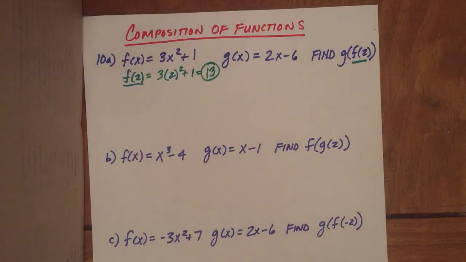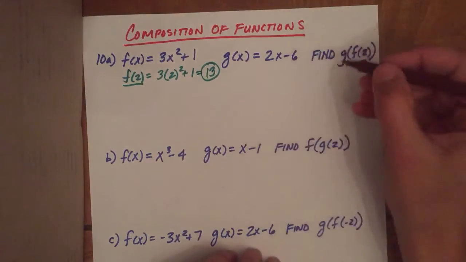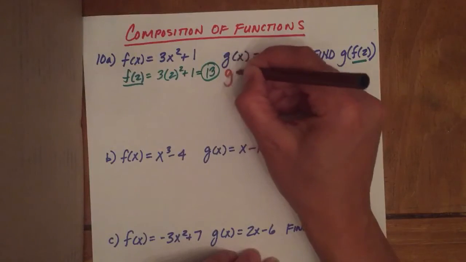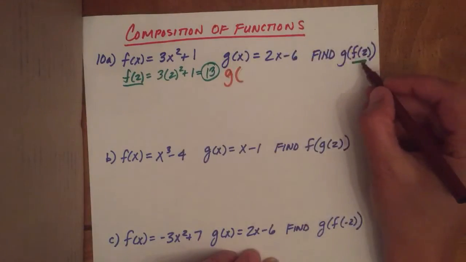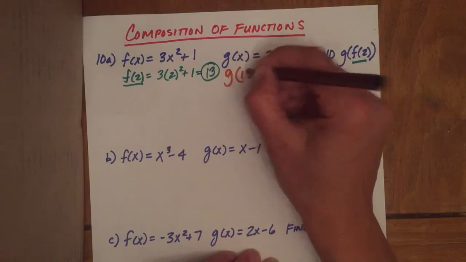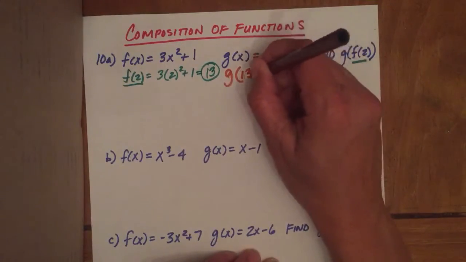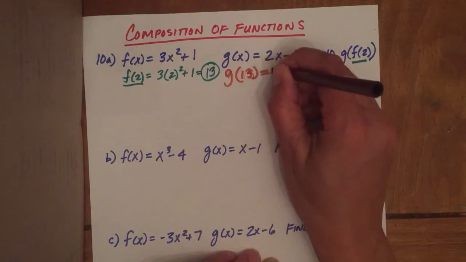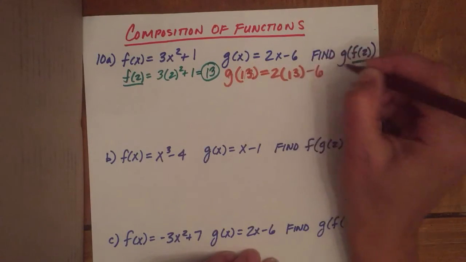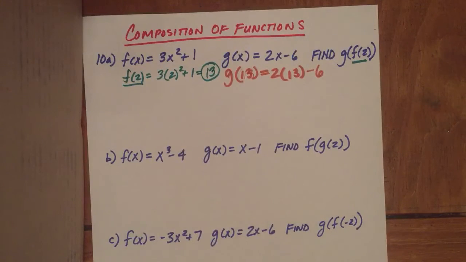Now I'm going to carry that back over, and because I'm looking at g of f of 2, I'm now going to be looking at g of, what did we say f of 2 was? 13. So I'm going to be looking at g of 13. So I'm going to plug 13 in everywhere I see an x for g.